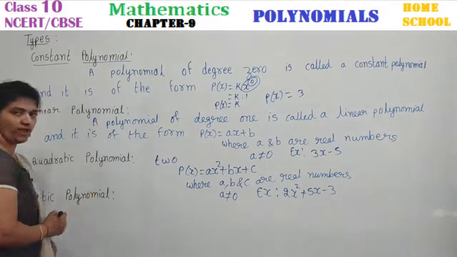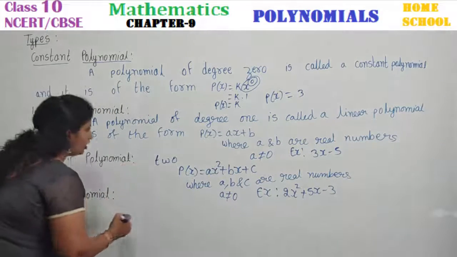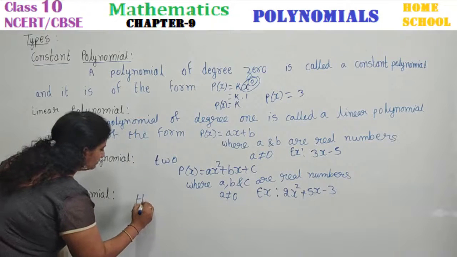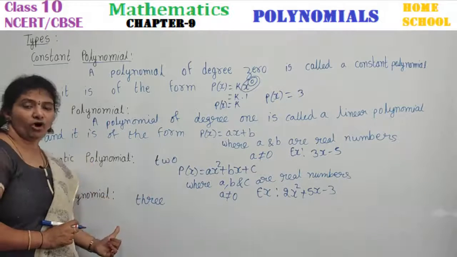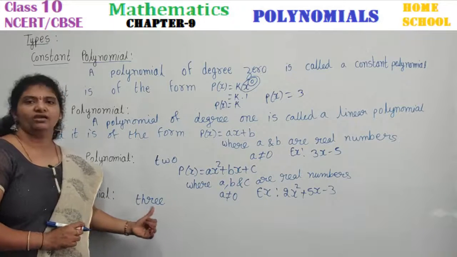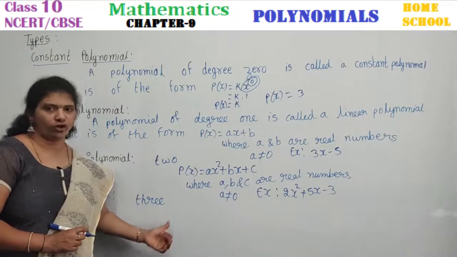Coming to next, cubic polynomial. A polynomial of degree 3. Look here, complete the statement. A polynomial of degree 3 is called a cubic polynomial.